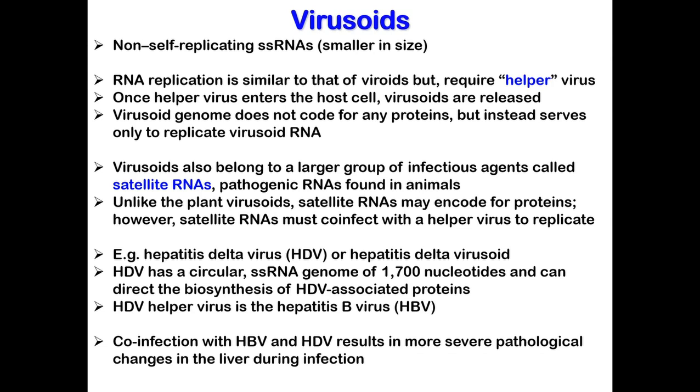Virusoid genome does not code for any proteins, but instead serves only to replicate virusoid RNA. One example is hepatitis delta virus, and the helper virus for this virusoid is the hepatitis B virus, or HBV. And it's found that co-infection with HBV and HDV results in more severe pathological changes in the liver during infection.